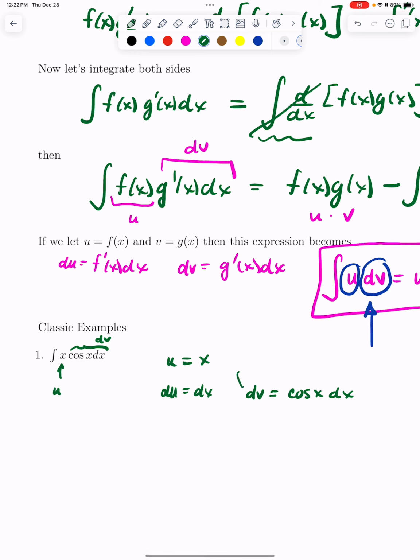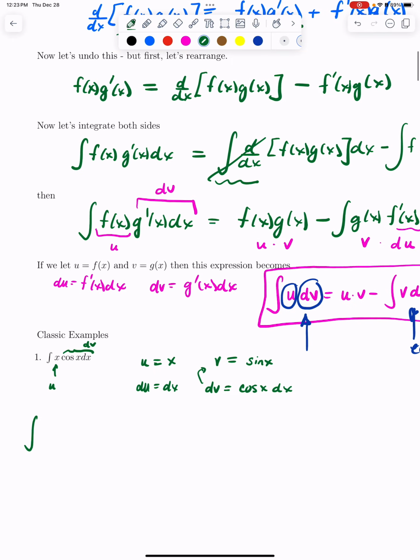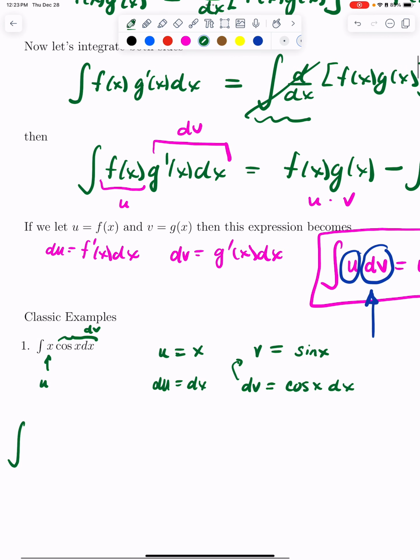Now we're going to go backwards here. So if dv is cosine x dx, then v, the antiderivative here, is going to be sine of x. Gotta be careful with the signs going backwards. Okay, so now that we have identified our main players, we can use our expression that we developed by working the product rule in reverse. So the integral of u dv is equal to u times v, so x times sine of x, minus the integral of v, sine of x, du, which is dx.